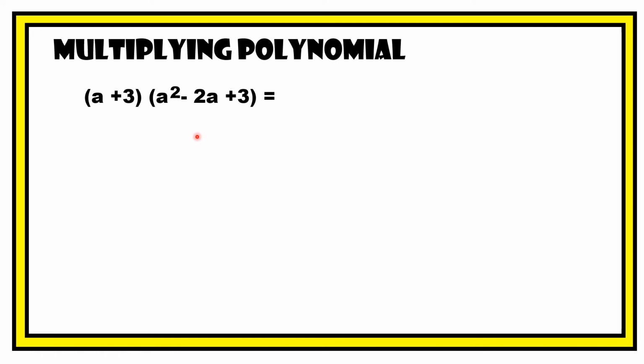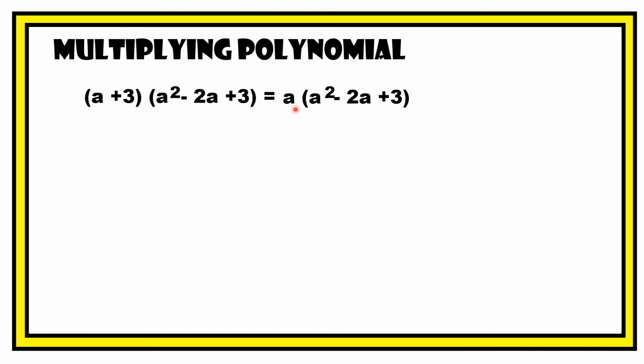So, multiply natin yung first term ng first polynomial natin sa bawat term ng second polynomial natin. Then after that, multiply natin yung second term ng first polynomial natin sa bawat term ng other polynomial. So, we have yung first term, multiply natin sa polynomial na to.